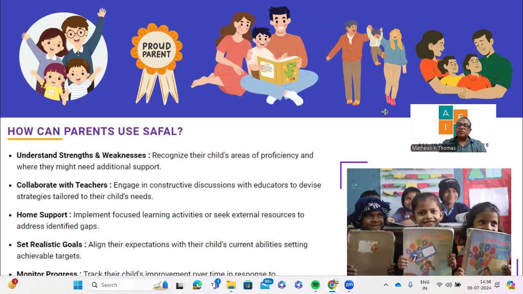And engage in discussion with them about what happened in class, and devise ways as per your child's needs. A lot of parental support is required for the child's excellence in academics. Teachers play a big role, but parents play an even greater role at home. Unless both are joined together like a jigsaw puzzle, the success will be incomplete, right? So home support is very, very important.